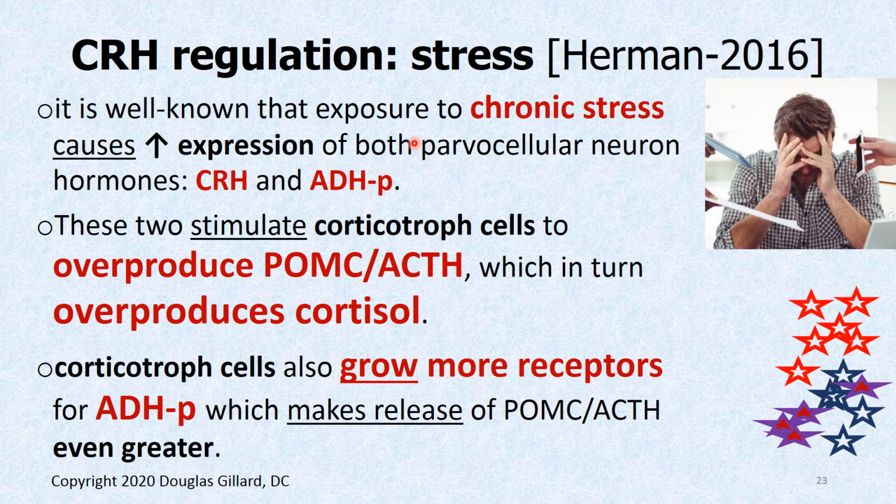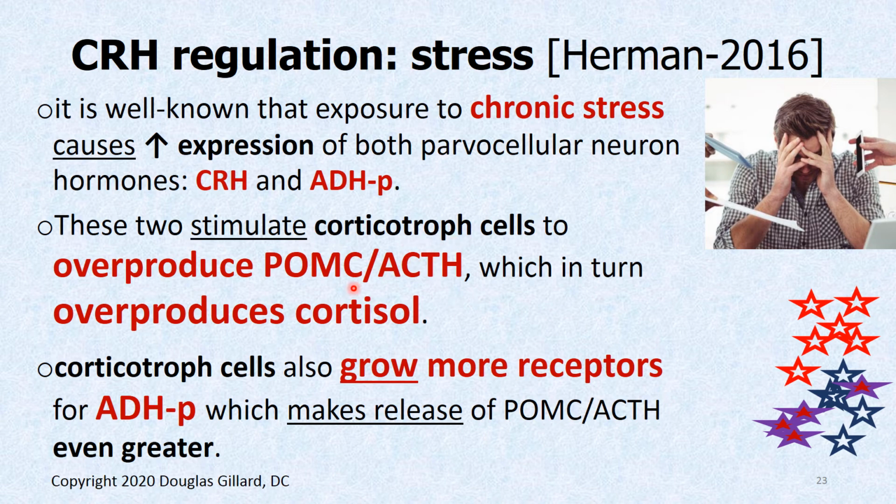So brain hormones from stress bind to parvocellular neurons and cause them to release CRH and ADH-p. So more ADH-p and CRH is hitting the corticotroph cells to drive the stimulation of ACTH.